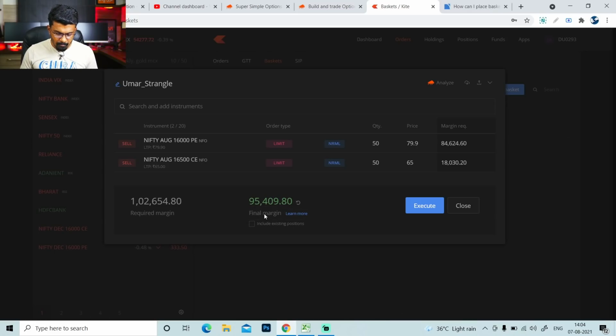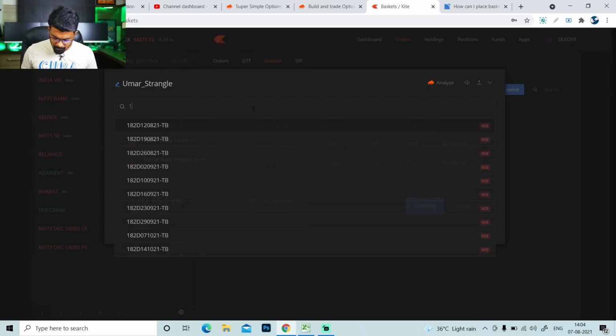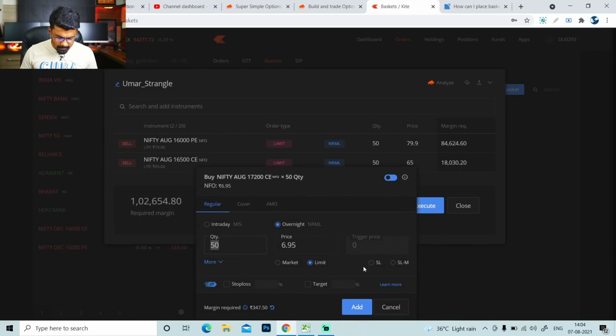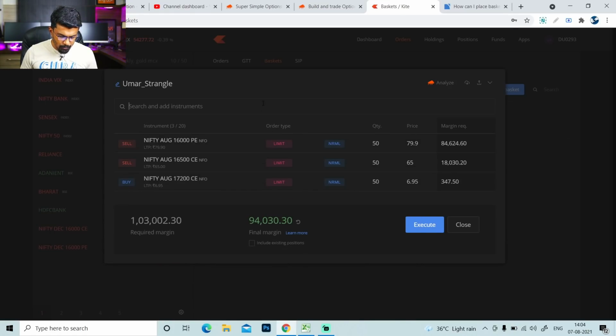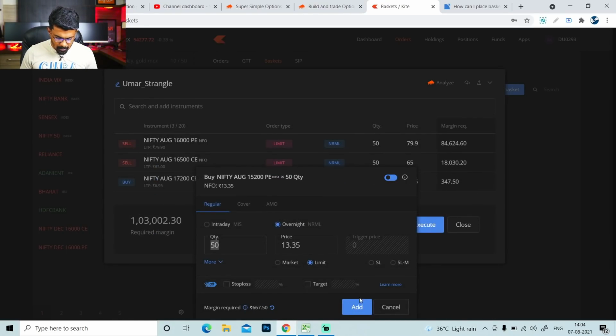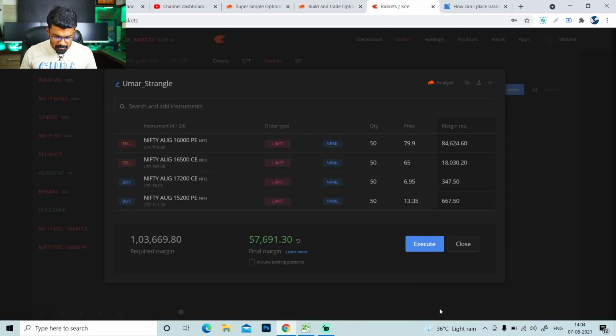Now the total margin requirement is around 1 lakh rupees. The same strategy we did in the straddle, we will implement here also. Since the market is at 16,200, I will buy a 17,200 call option, one lot, for around 7 rupees, and I am going to buy a 15,200 put option, one lot, for around 13.5 rupees, right?